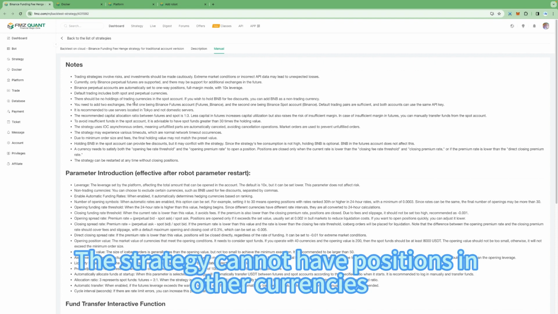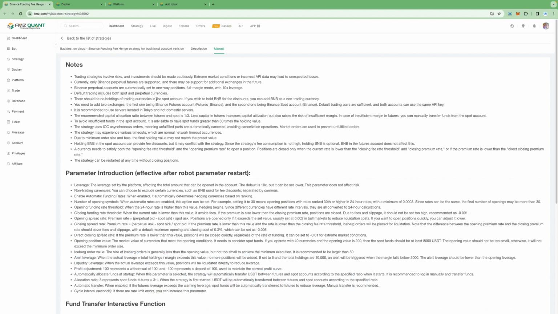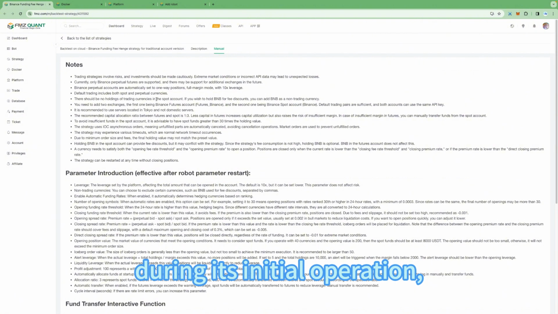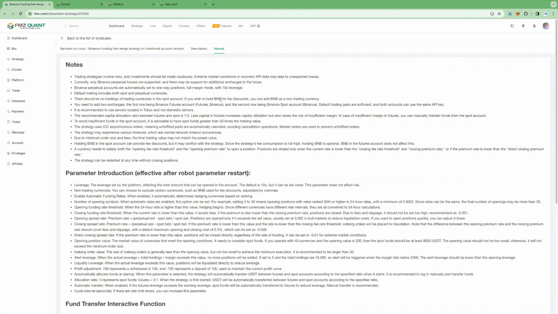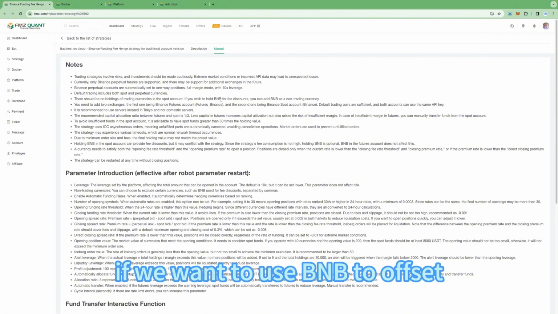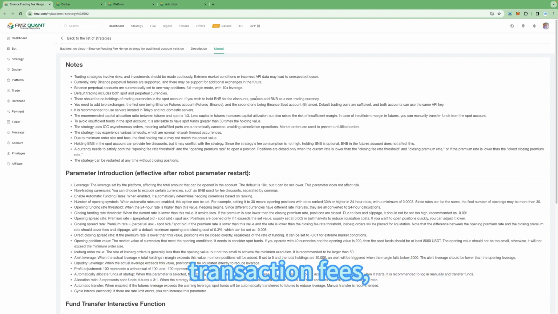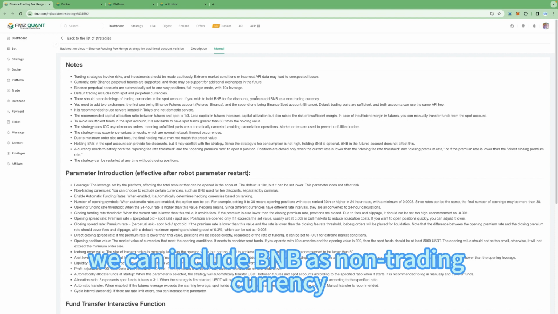The strategy cannot have positions in other currencies. During its initial operation, if we want to use BNB to offset transaction fees, we can include BNB as non-trading currency.